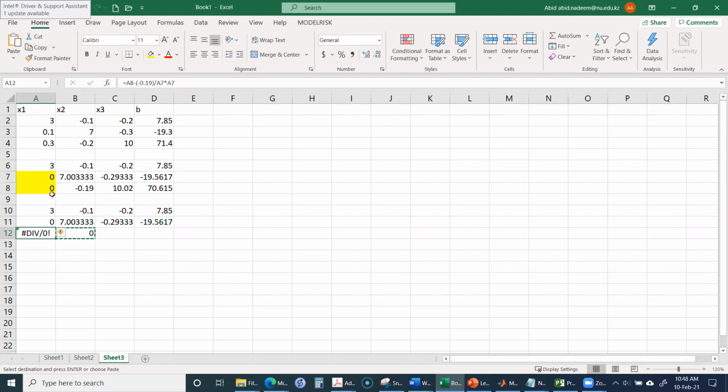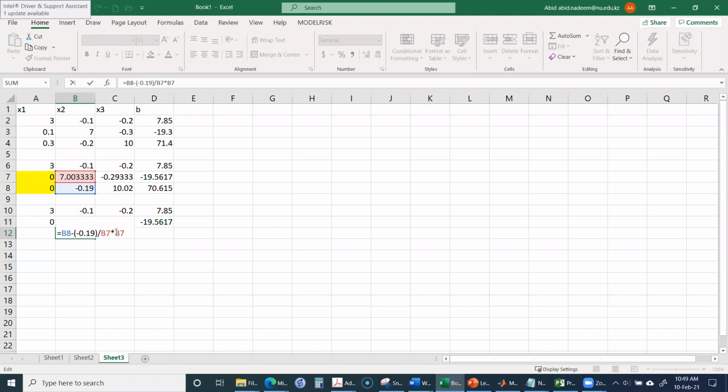Why? Oh, okay. This is a mistake over here, because the value which I am taking should be the constant value, not this value.